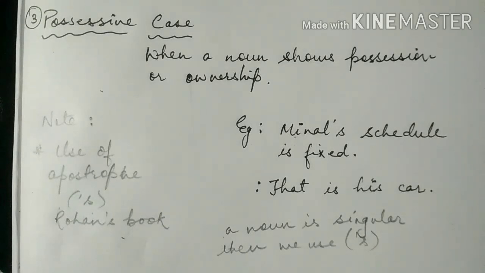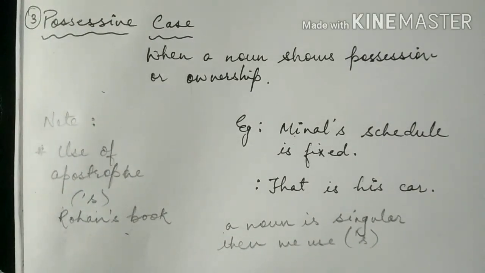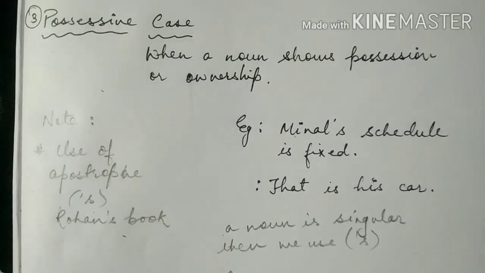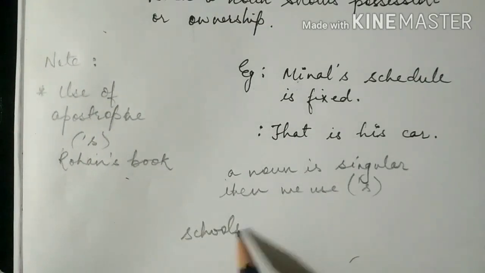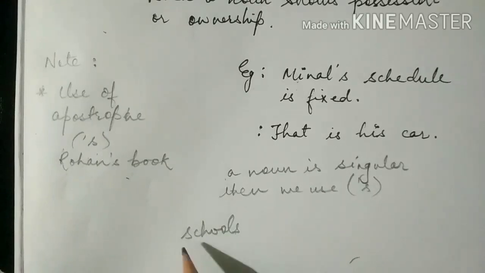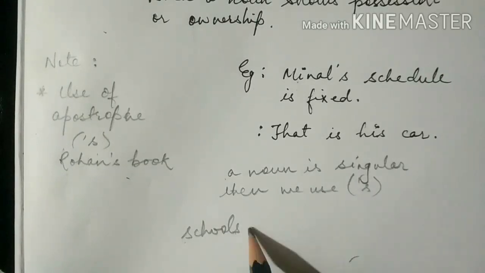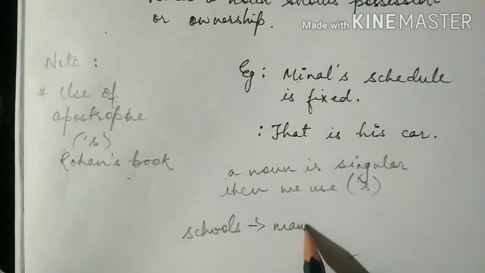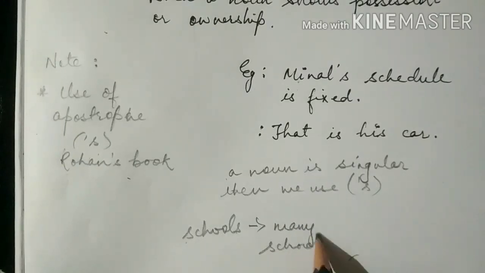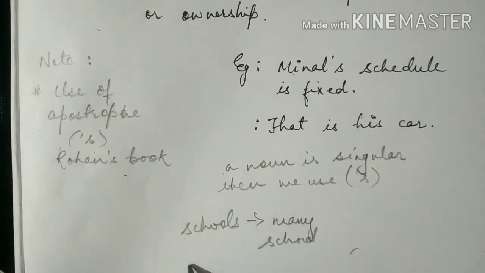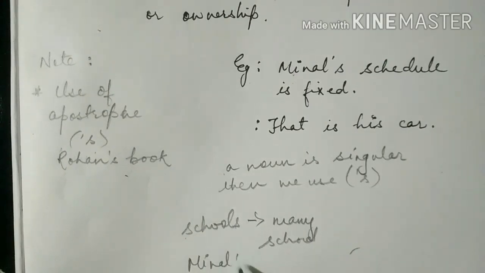On the other hand, when we add s to a word without an apostrophe, it means that we are not talking about one thing, but about things in a group. There's a difference. Suppose schools. If I have added this s over here, it means that I'm not talking about one school, but many schools. Similarly, Meenal's book.